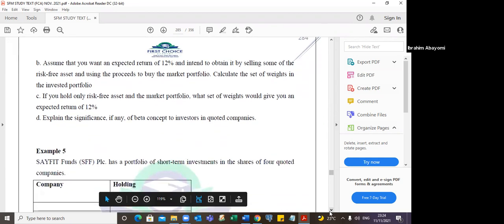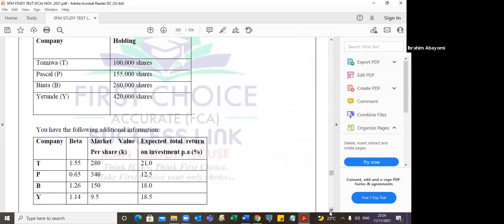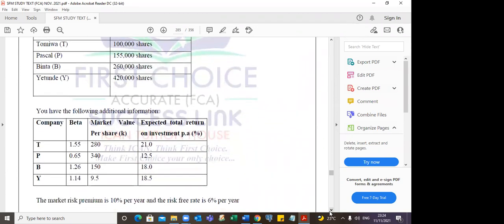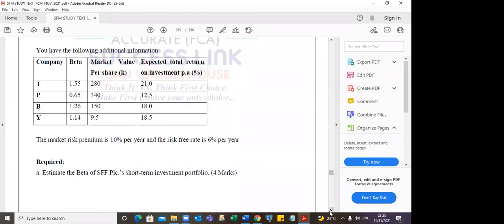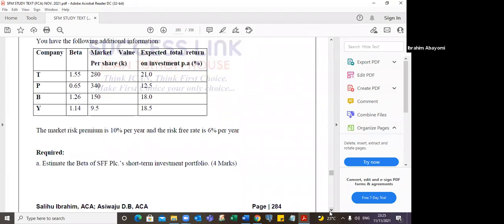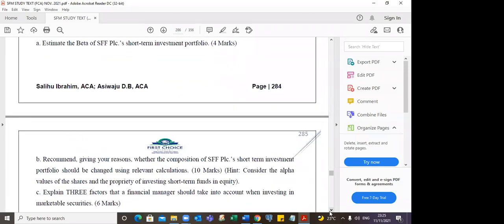You are scared already, are you? This portfolio theory is confusing. It's now that I'm beginning to understand it. It's really confusing. You might think that you know it, while you don't know all these simple things.